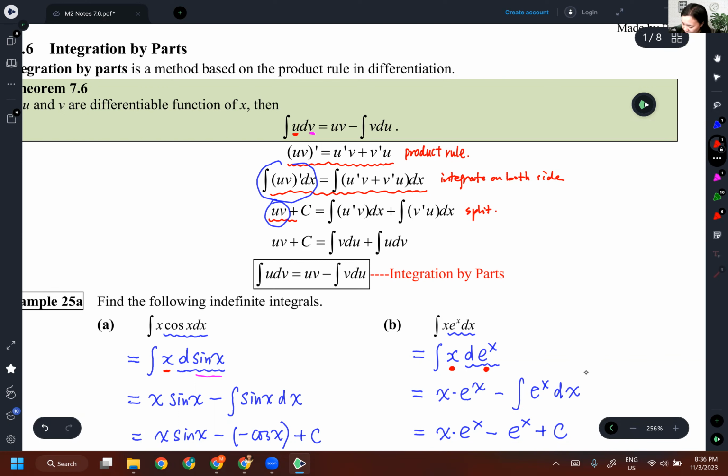I'll highlight this part for you so that you see. u prime dx is du, integration by substitution. Also, v prime dx is dv. Integration by substitution.